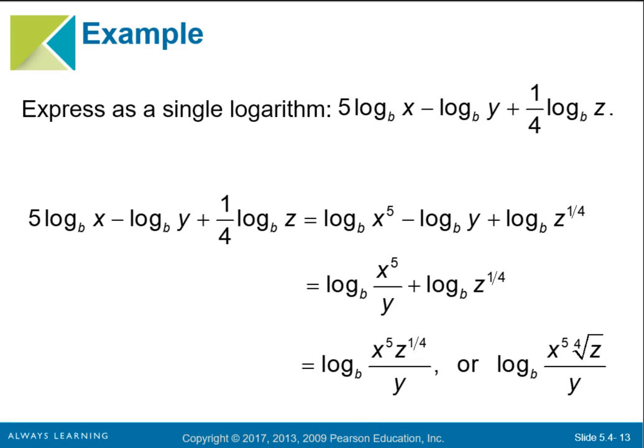So I've got this whole thing: x to the fifth, z to the 1/4, all of that over my y, and we're using the log base b. You could also have written this log base b x to the fifth, fourth root z, all over y. Okay?